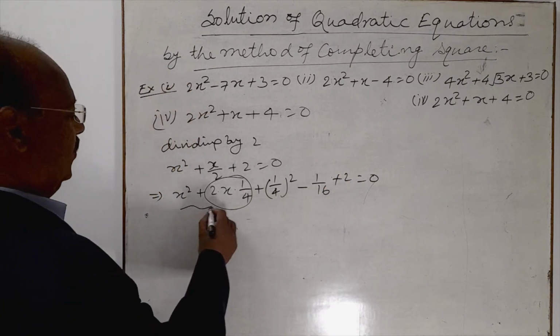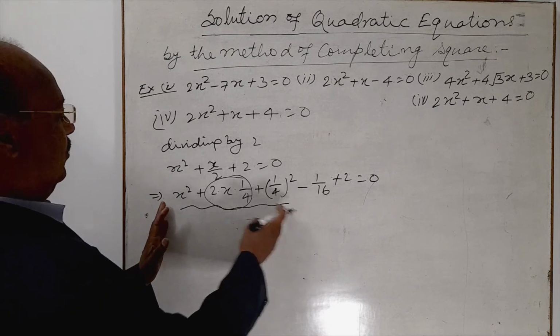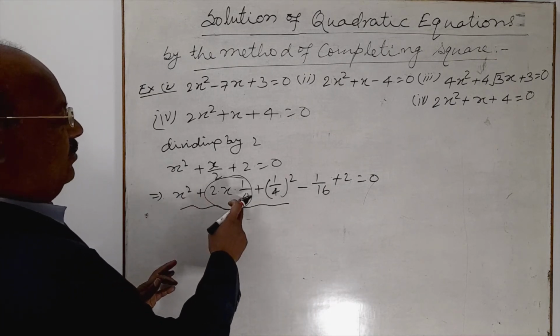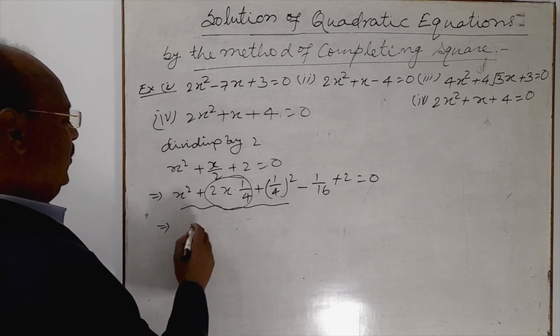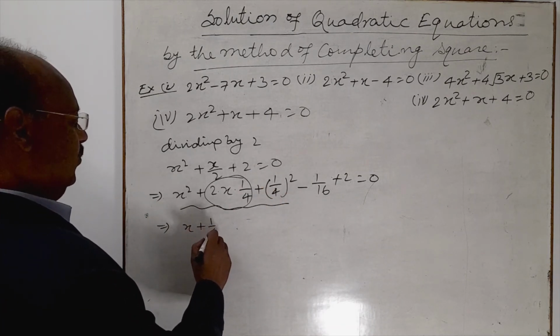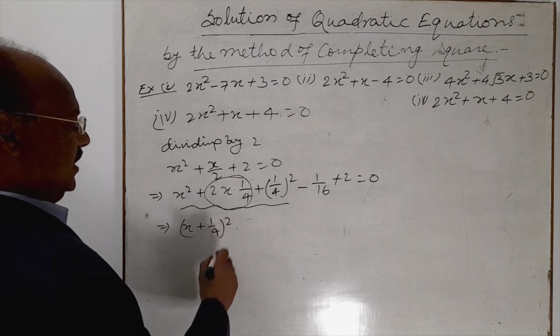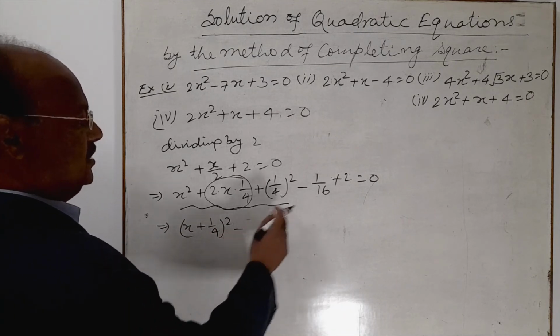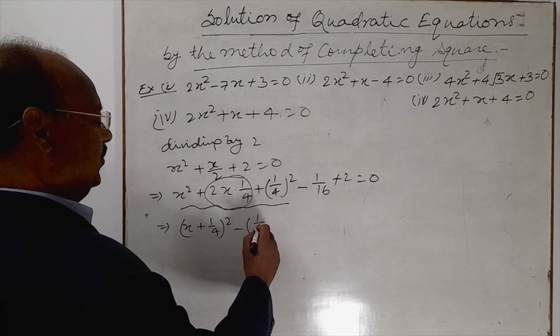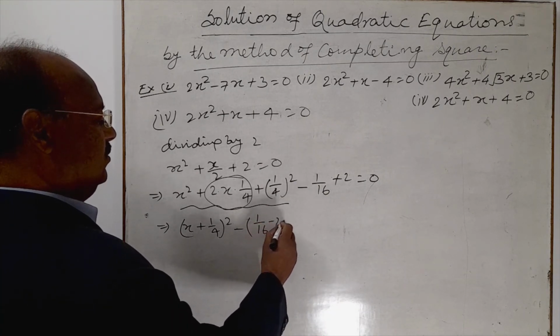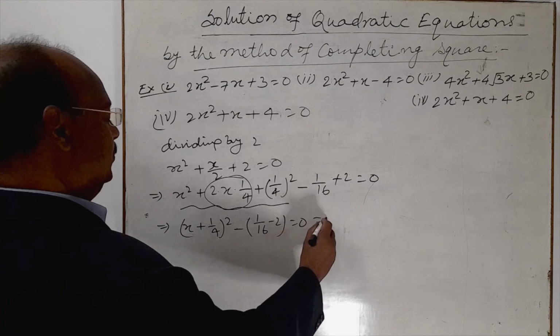Now you see, these three terms are in the form of a square plus 2ab plus b square. So in place of these three terms, we can write x plus 1 by 4 whole square. And this is minus 1 by 16 minus 2 is equal to 0.